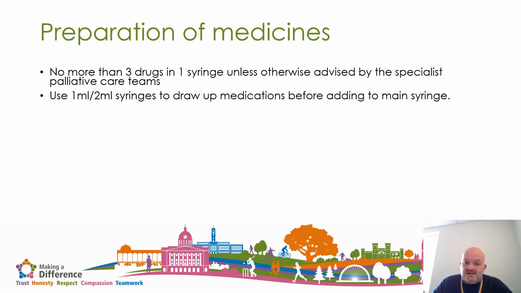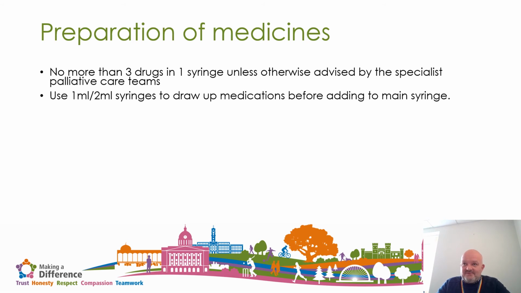We're always going to start off by drawing our medications up using either a 1 or a 2 ml syringe, depending on how much of the medication we want. We're going to draw up the required dose of medication and put it on our work surface alongside the vial that the medication comes out of.